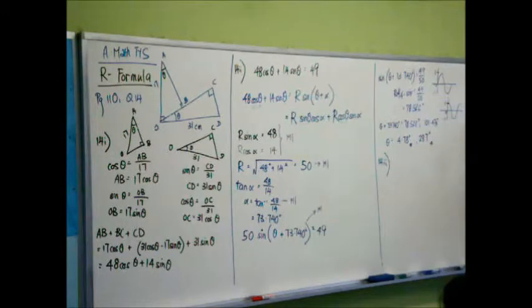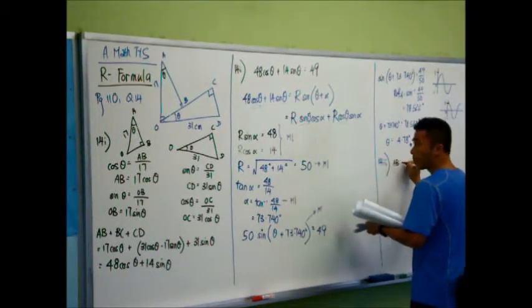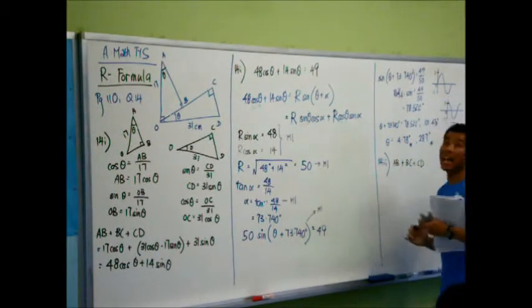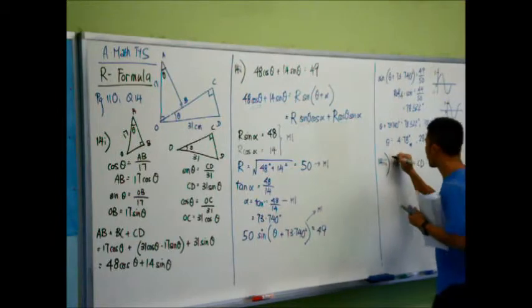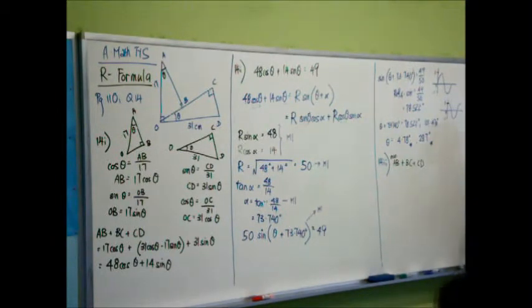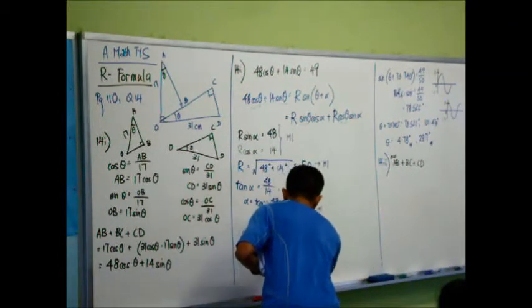But take a look at this question again. AB plus BC plus CD. They want the maximum value. You must always use the R formula itself. Take a look at our previous answer.